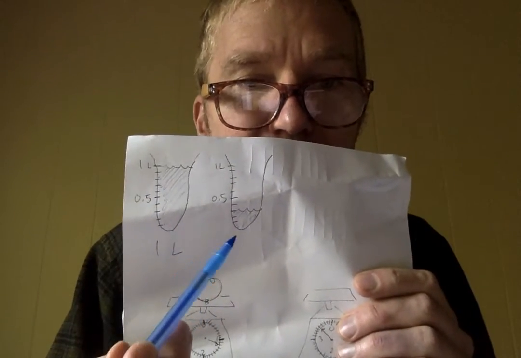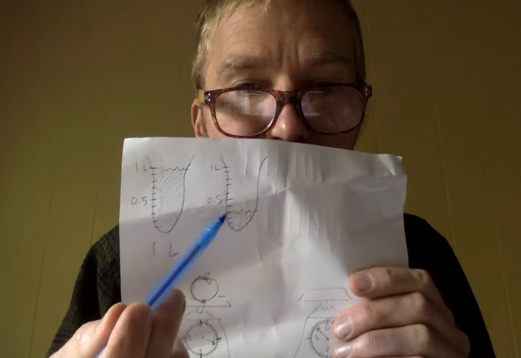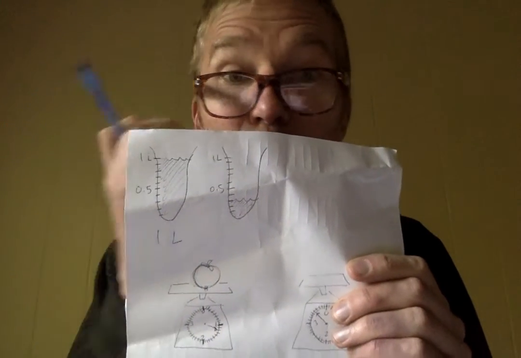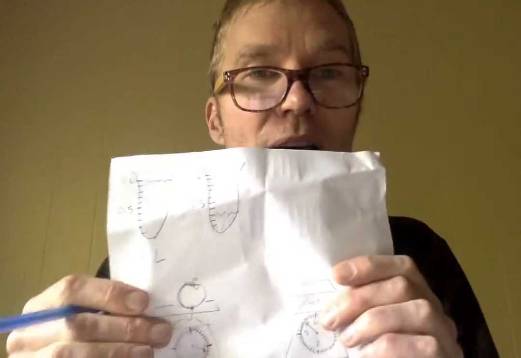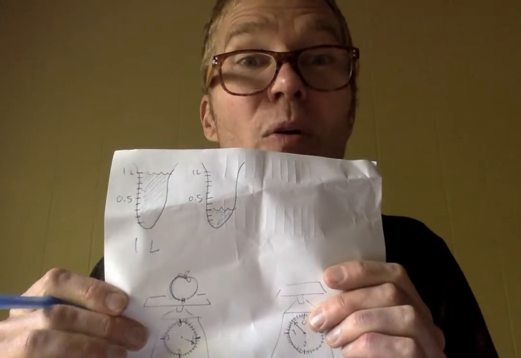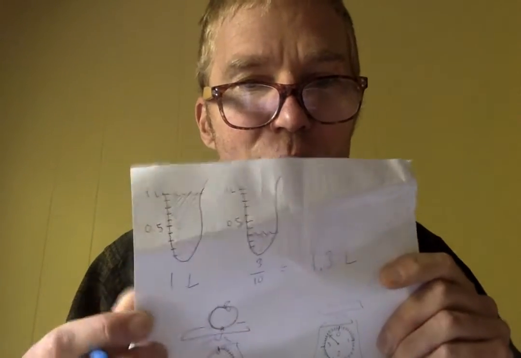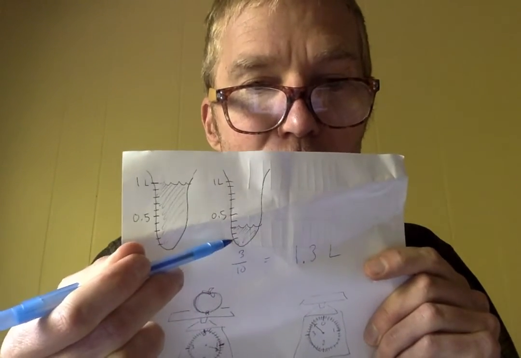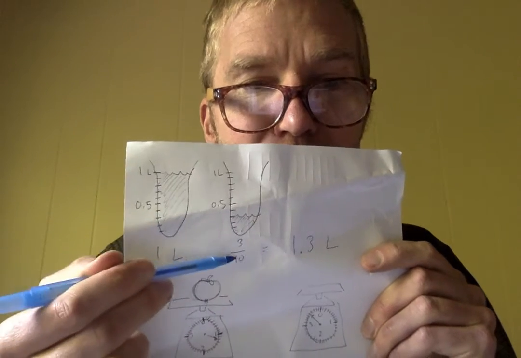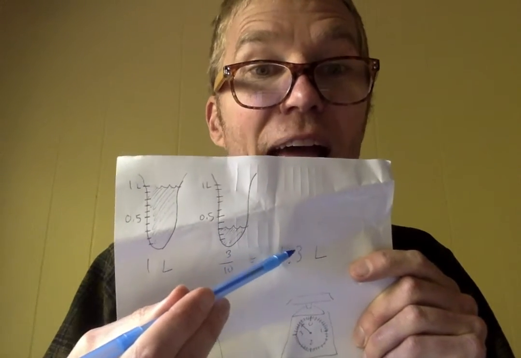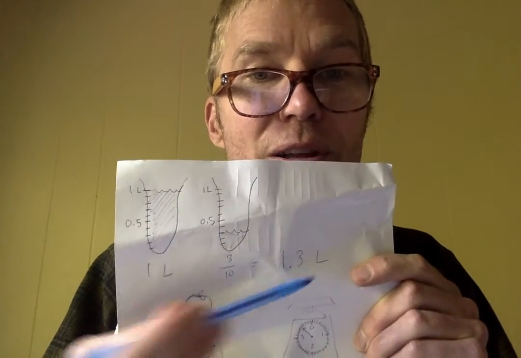And over here, how many tenths do we have? 1, 2, 3 tenths. So 1 liter and 3 tenths, which is going to be 1 point what? Well, 1.3. Got 1 whole one, and then 0.1, 0.2, 0.3. 3 tenths is 3 in the tenth spot, 1.3 liters.